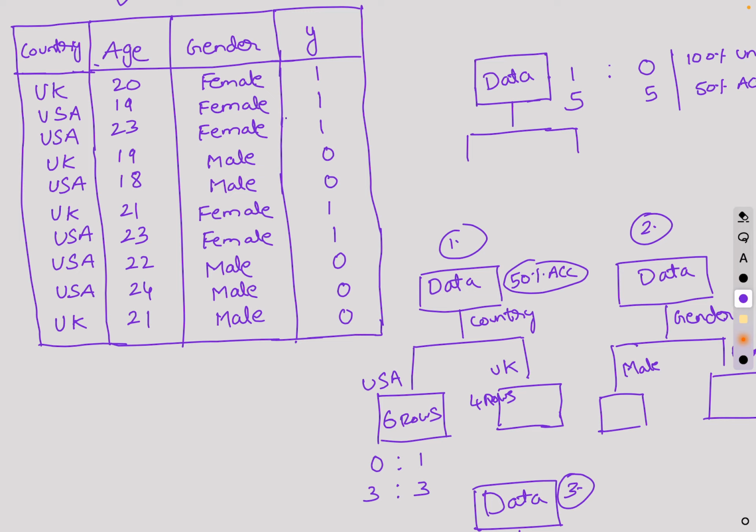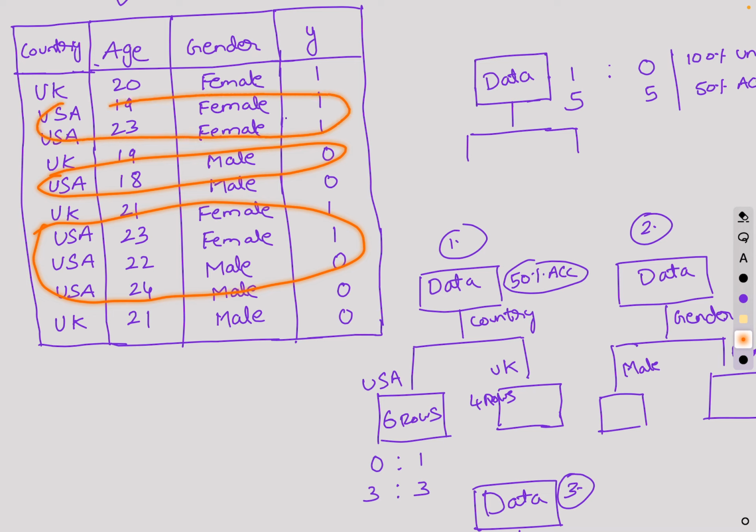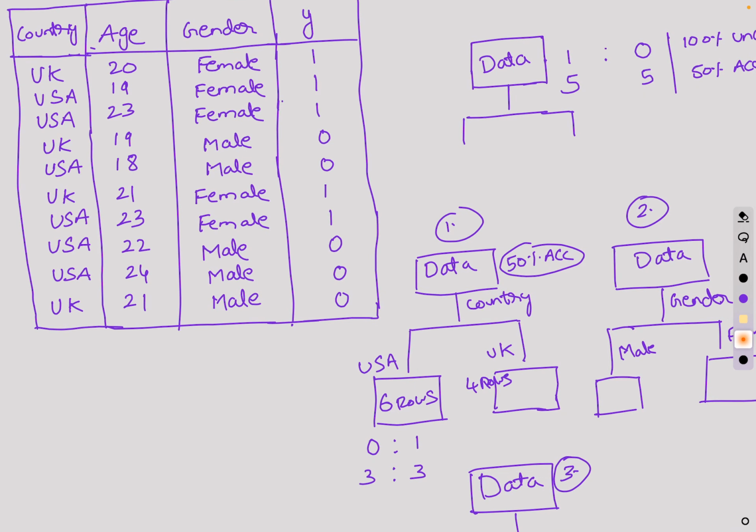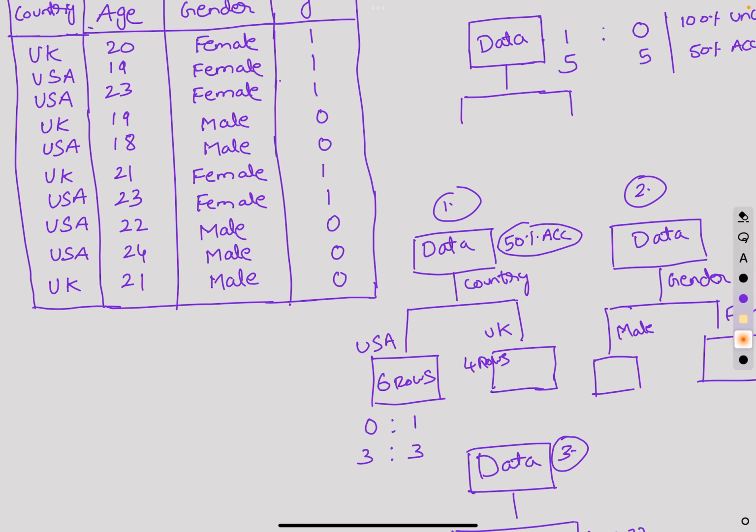So what is the accuracy at this point? Right now I am looking at only these particular records, these ones and these ones. Among these records, the number of records belonging to class 0 is 3 and class 1 is 3, which is equally distributed, so equal probability.